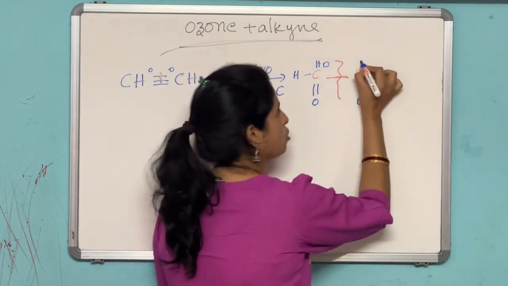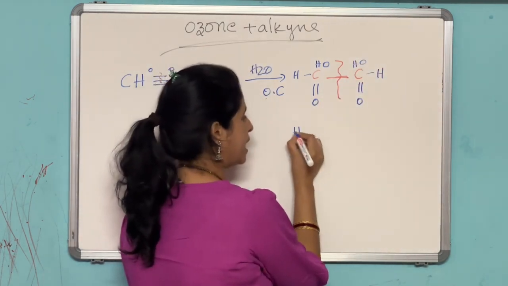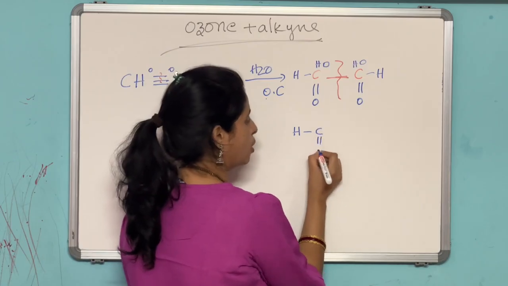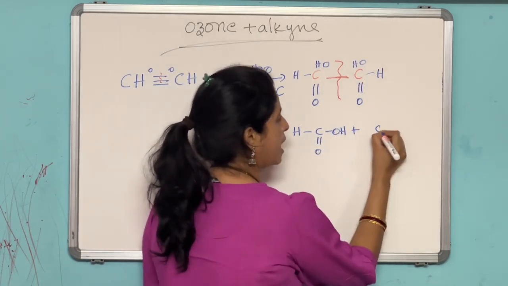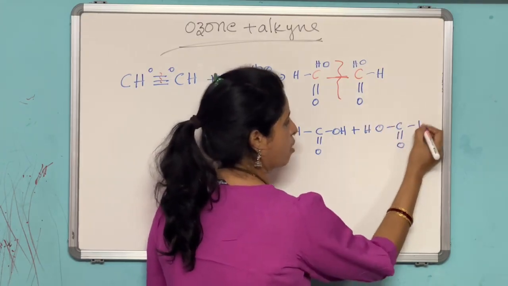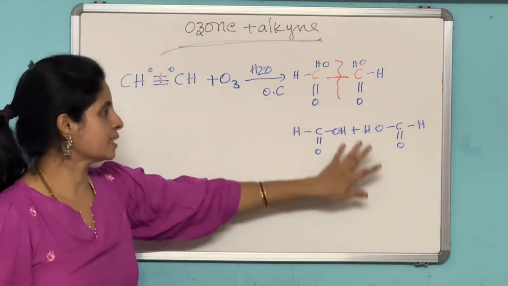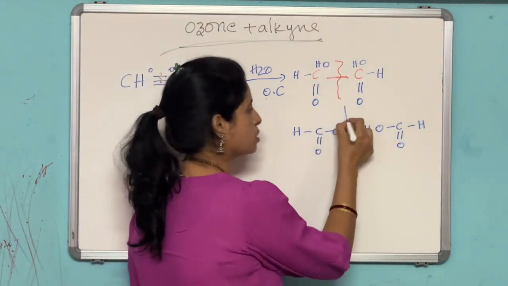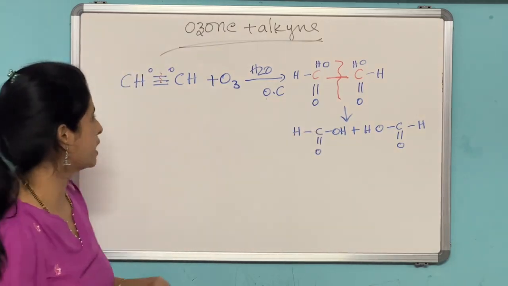So it undergoes further oxidation, forming HC double bond O, OH plus OH C double bond OH, formic acid. This is 2 moles of formic acid formed. These are the conditions of oxidative cleavage.